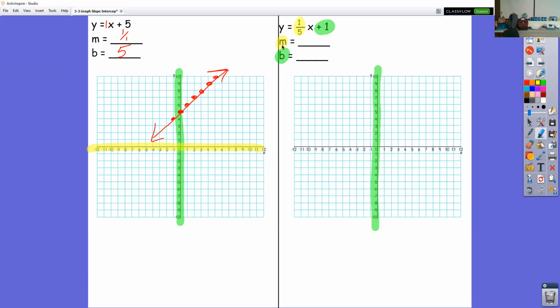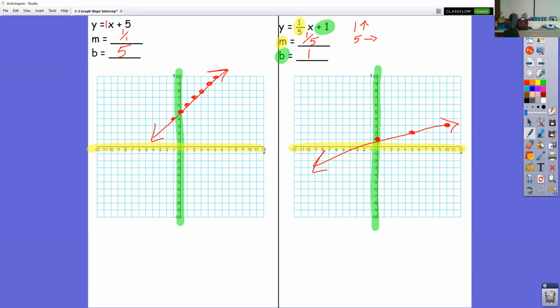Slope is 1/5. So 1/5 tells us that we go up 1 and 5 to the right, and it crosses at +1. So +1, then we go up 1 and 5 to the right.